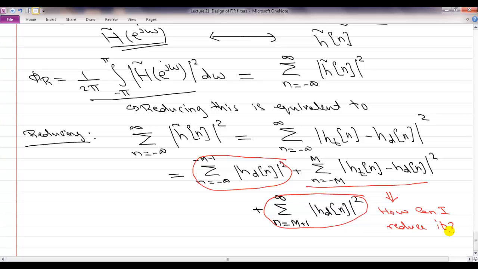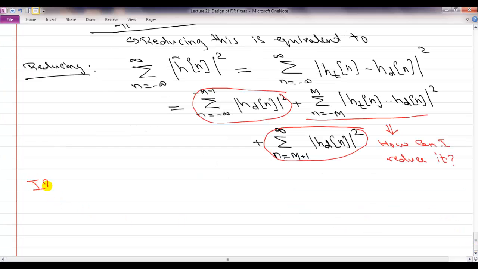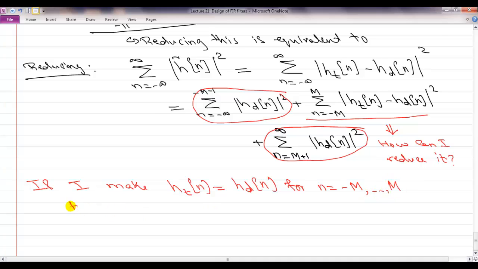This quantity can be equal to 0 if I make ht of n equal to hd of n for n equal to minus m up to m, then this quantity becomes 0. Summation minus m to m ht of n minus hd of n absolute value squared equal to 0. And you can't make a positive number smaller than 0.